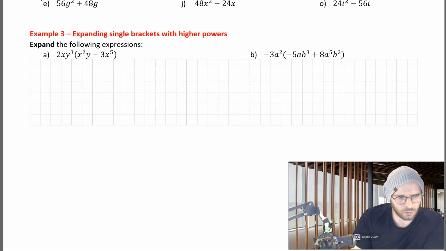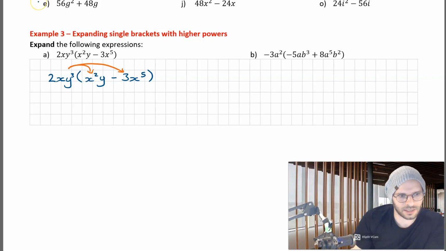examples. We go for our outer coefficient, 2xy cubed, and then our inner expression is x squared y take 3x to the 5. Next we draw our arrows so we don't get lost, and then we start expanding out.